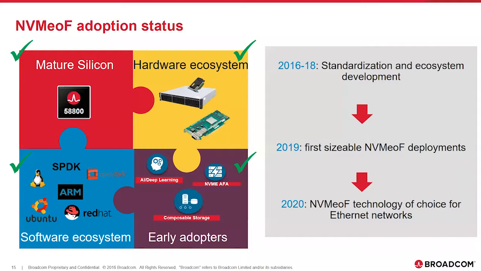Between 2016 and 2018 is when those pieces of the puzzle come together, and by now in 2018 that puzzle has come together, and we're starting to see the ramp in adoption. Right, so those pieces are obviously the silicon. There are mature silicon solutions today in production.